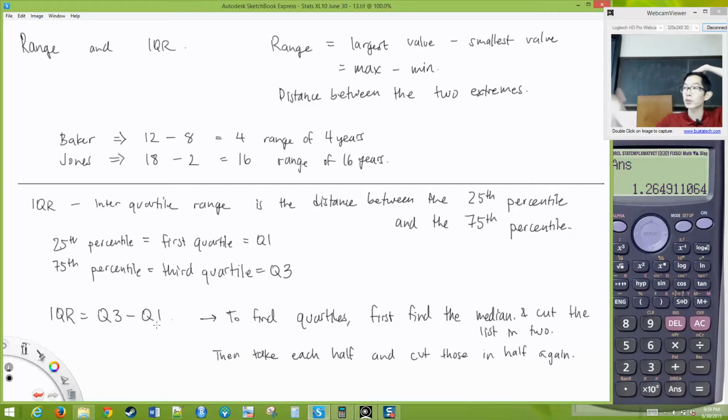Question: why would you do that? Why find the quartiles? These are just different ways to assign a number to this concept of spread. Spread is just whether the numbers are far apart or closer together. The mean and the median are ways to describe center.